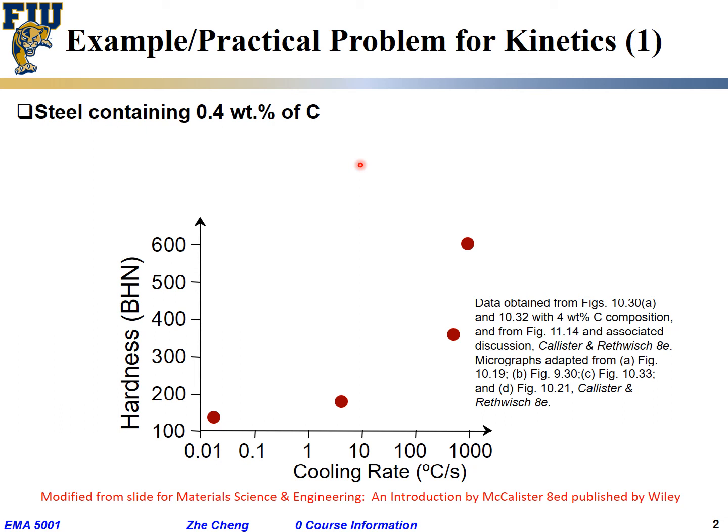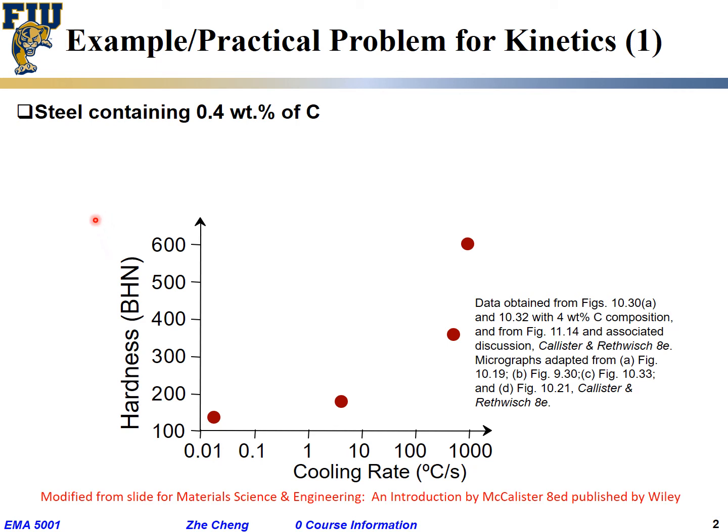So we are going to talk about a few examples. One is, last time we talked about the iron carbon phase diagram, right? Then we reviewed the phase diagram a little bit. Now let's look at some practical experimental data. Not precise, but semi-qualitative data.